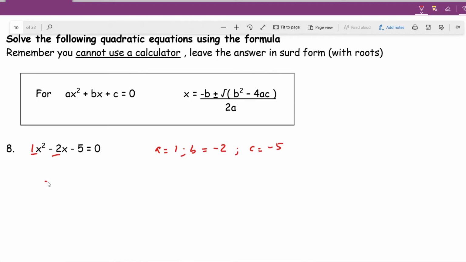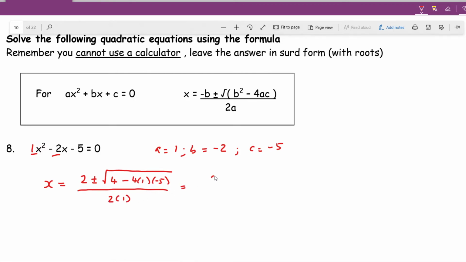So if you plug this into our quadratic formula, you could end up with minus 2, minus minus becomes plus 2, plus or minus the square root of minus 2 squared, which is 4, minus 4 times 1 times minus 5, all over 2 times 1.